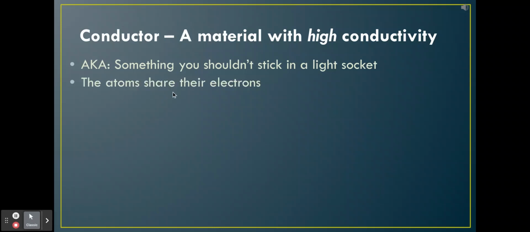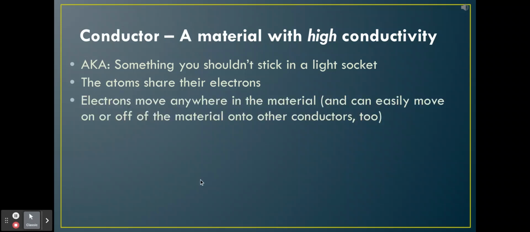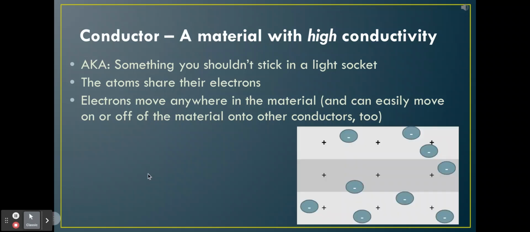These atoms share their electrons. So the electrons can move anywhere within the material, and they can easily even move on or off that material onto another conductor. All right, so if I have one piece of metal and another piece of metal next to it, and those two pieces of metal are touching, those electrons can move over.